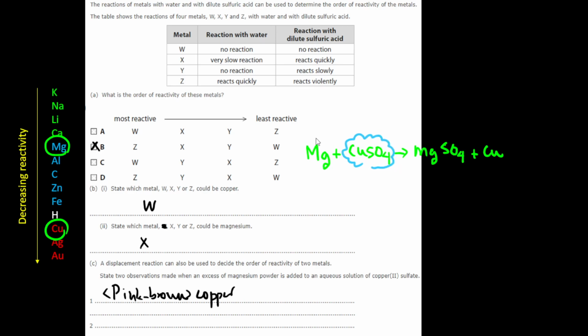But then copper was displaced by magnesium, so the color will change from blue copper 2 sulfate to pale blue or even colorless. If you notice here, you have to use a lot of reasoning to actually go through the reactivity problems.